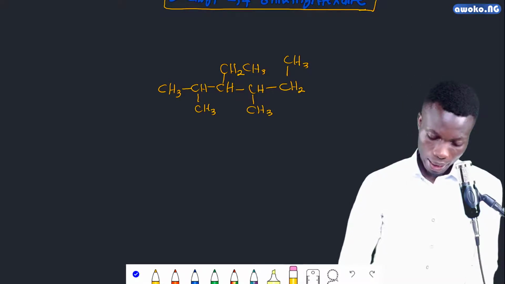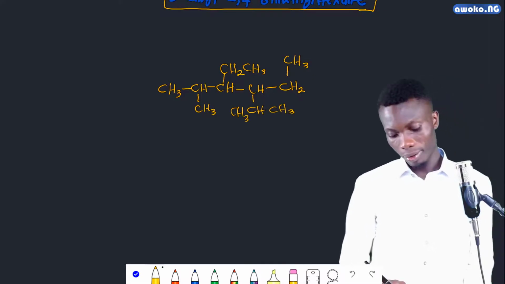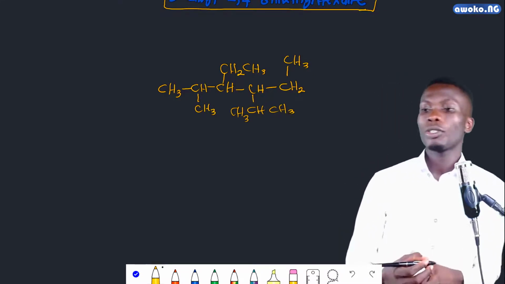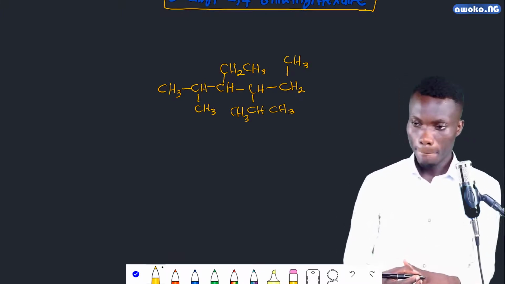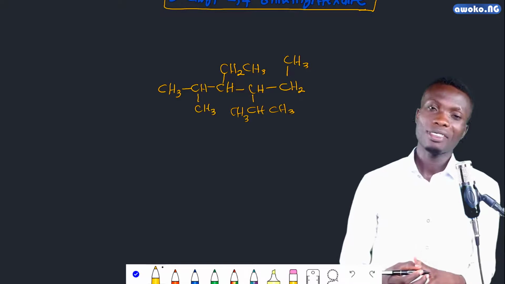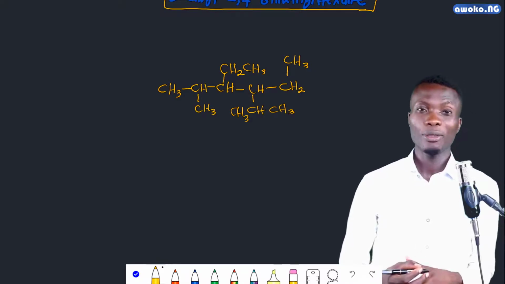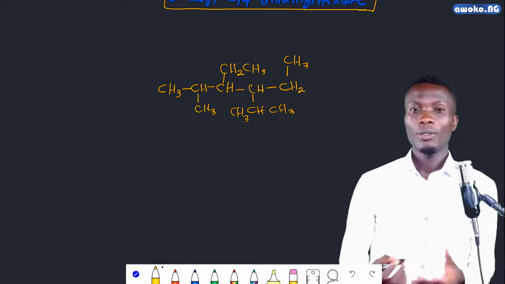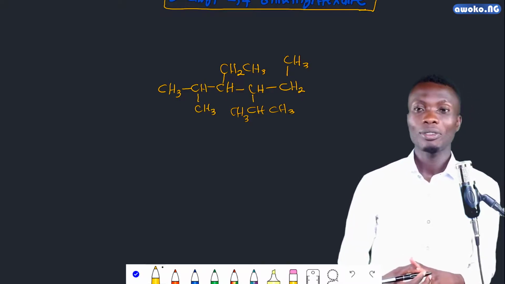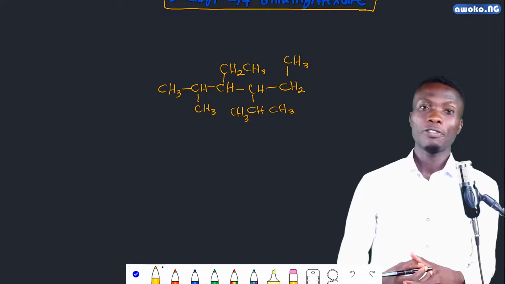Okay, so we have a much more complex structure. How do we now name this? First, we know some certain rules about organic chemistry already, so we apply those rules. The first of which is we try to count the longest continuous carbon chain, right? Of course. Now, that is the first thing we'll do.